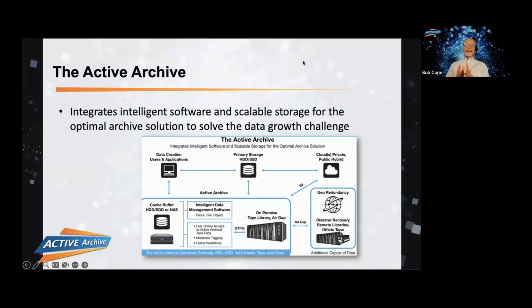Yeah, so if that's the Active Archive Alliance and its goals, what you're looking at here is a picture of what is an active archive. And from the 40,000 foot view, it incorporates data management software, it incorporates hardware. The goal is to make sure that the right data is at the right place at the right time.